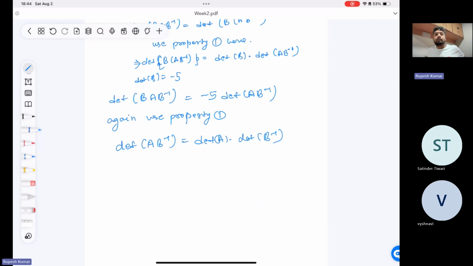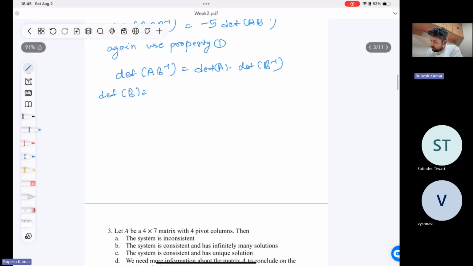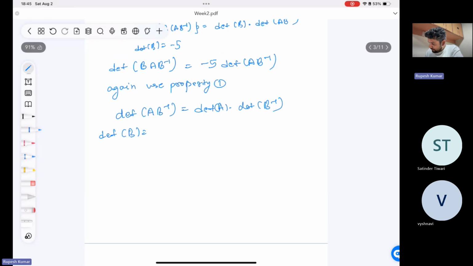So now you are given a matrix B and you want to find the determinant of matrix B inverse. Do you remember the determinant formula? I hope you remember this. I want a relation between the determinant of matrix B inverse and the matrix B. So let's use the formula for forming the matrix inverse, and then we will try to find the determinant of the matrix inverse.